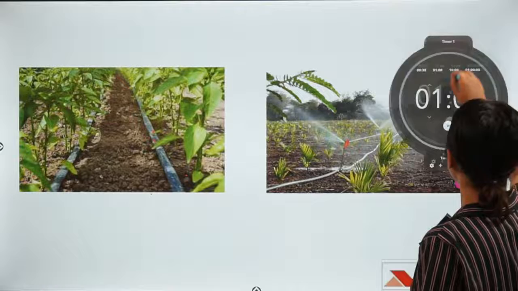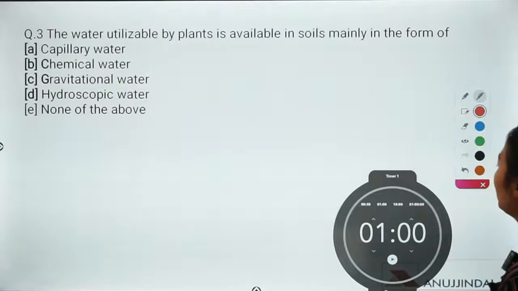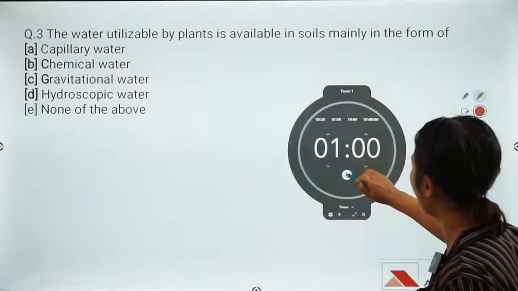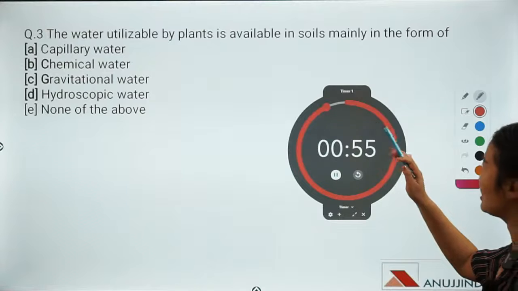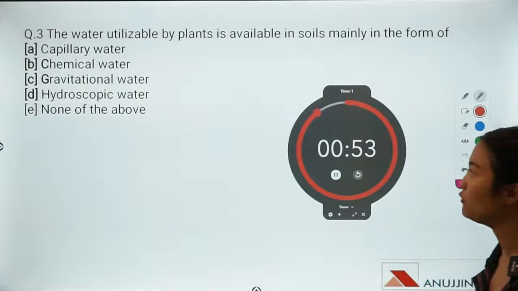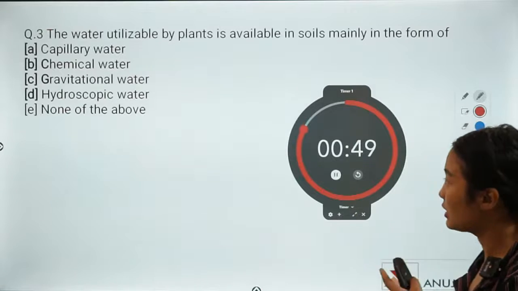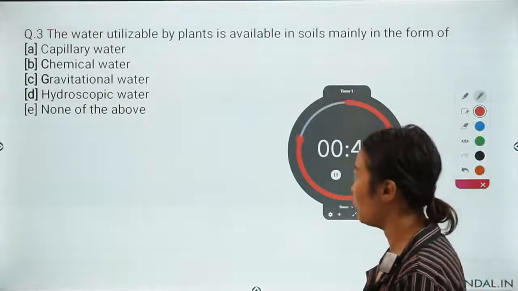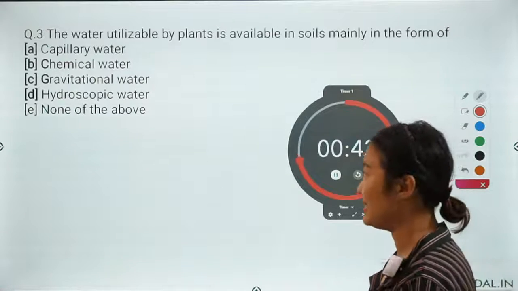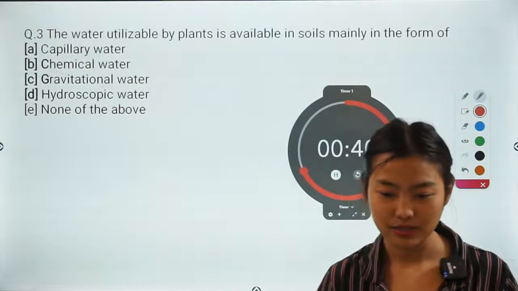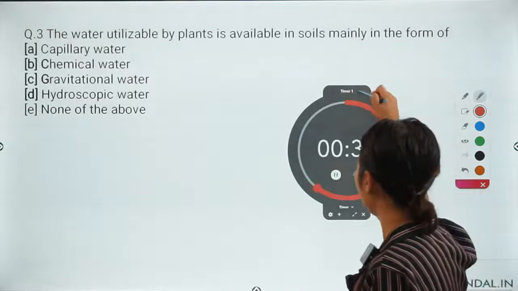Let's go to our next question. Let me start the timer and read the question. The water utilized by plants is available in soils mainly in the form of: A, capillary water; B, chemical water; C, gravitational water; D, hygroscopic water; E, none of the above. Please answer, the timer is on.